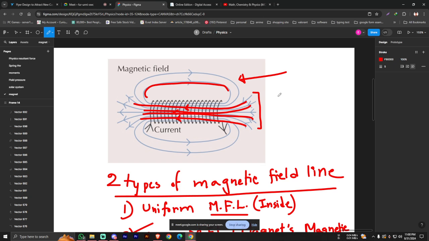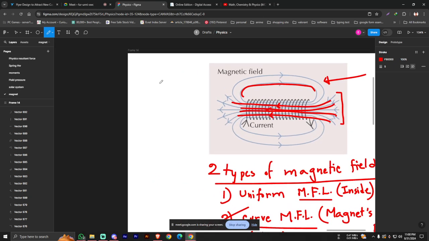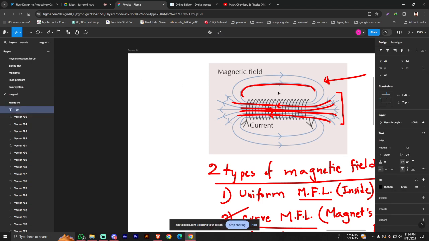Let me ask you a question. Here you can see there is a magnetic field in the solenoid, right? We have discussed it in detail. So what's the duration of this magnetic field? Does it have a time limit, or is it dependent on anything?